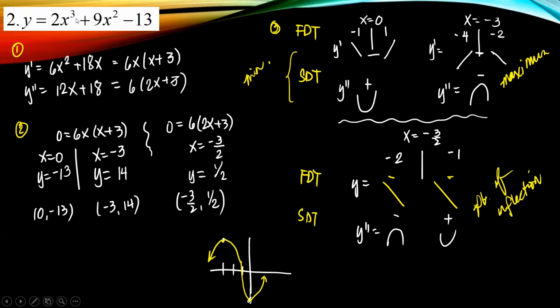Negative 3 halves cube is negative 27 over 8. So it's negative 27 over 4. 81 over 4, guys, minus 27 over 4. Can you plug in negative 1 half here for the x? What's the answer for y? Diba 14 over 4? So that means this is the approximate shape of your curve.